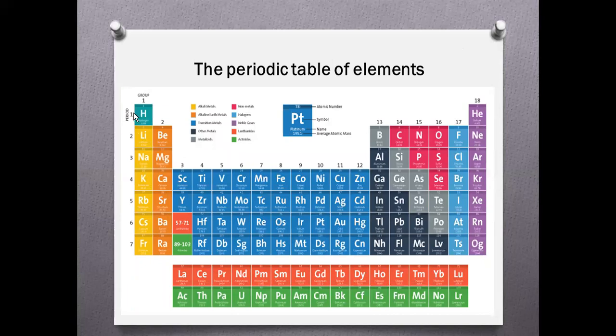When you say hydrogen, it is situated first. That means the atomic number of hydrogen is 1. If you take chromium, what is the atomic number? That is 24. If you take potassium, what is that? 20. If you take oxygen, what is that atomic number? 8.